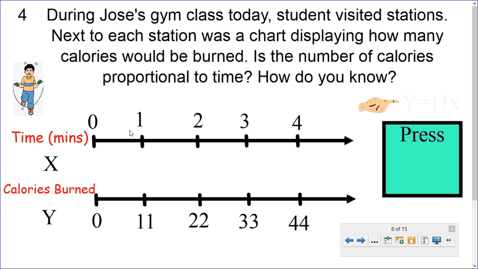So if I multiply something times 1 to give me 11, what would that be? Well, it would be 11. 11 times 1 is 11.